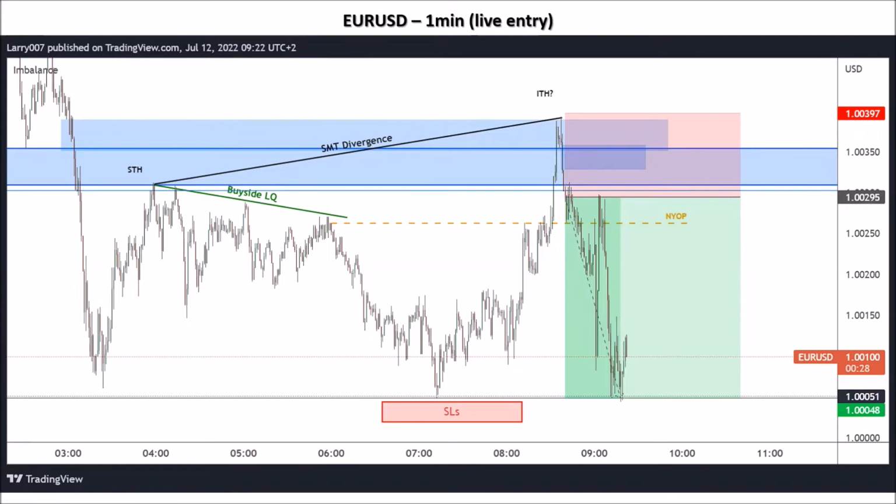Okay. And you will see me often do this, like take a first position on the first fair value gap, and usually there is some percentage left to complete a position above at optimal entry. So the target was this sell side liquidity, where most stop losses were, because people would think this is a break of structure.